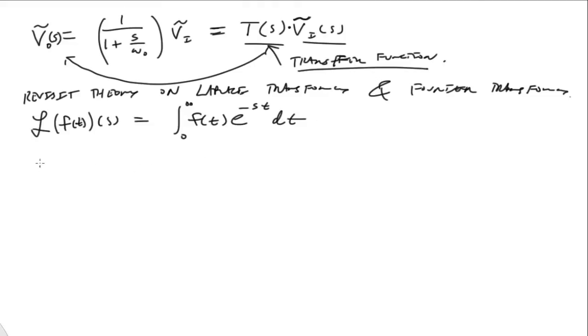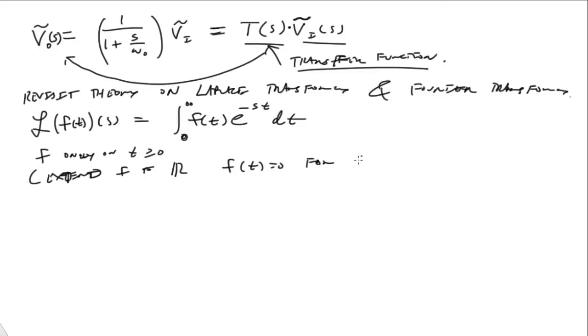All right, so now let's make a restriction. We always say that f is really a function only on t greater than or equal to 0. We don't ever integrate over the negatives. But now let's extend f to all of the real line by saying that f of t is equal to 0 for t less than 0.